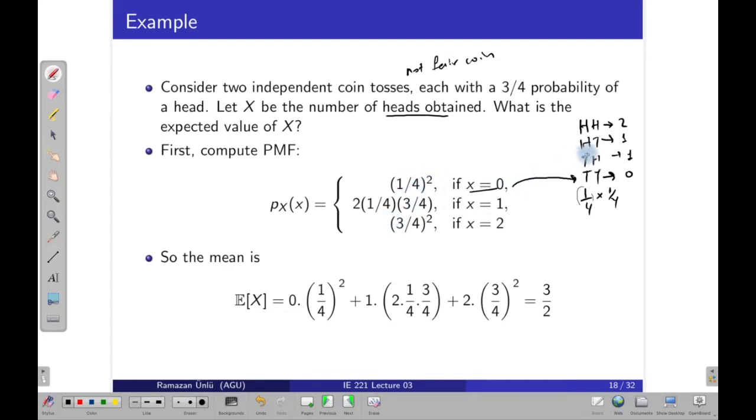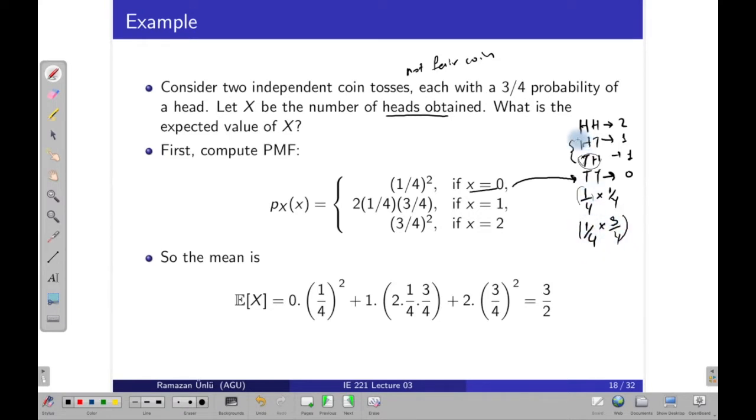And let's look at this one. In this case, if x is equal to 1, I have two subsets and I need to calculate the probability of each subset. Let's first calculate this one. In this one, the probability of getting tail is 1/4 times the probability of getting head, which is 3/4.